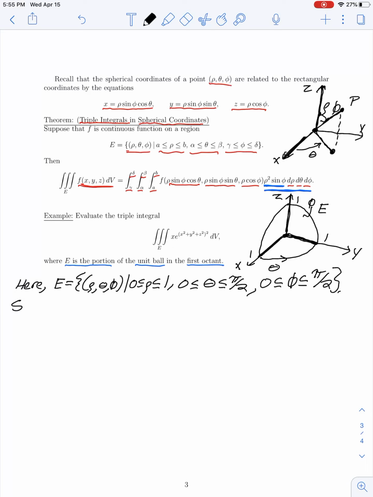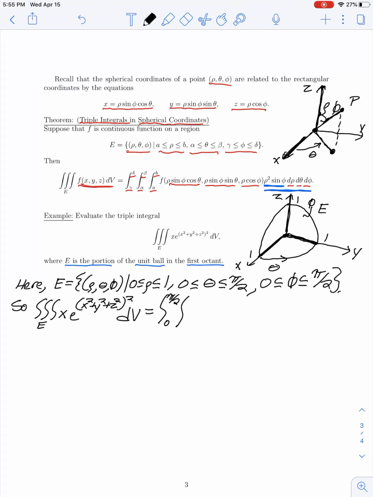So let's see if we can then express this triple integral as an iterated integral using spherical coordinates. So here, the triple integral over E of x times e to the x squared plus y squared plus z squared, quantity squared, dV, can be expressed as the following iterated integral. So we would have our range of phi values for the outermost integral from 0 to pi over 2.